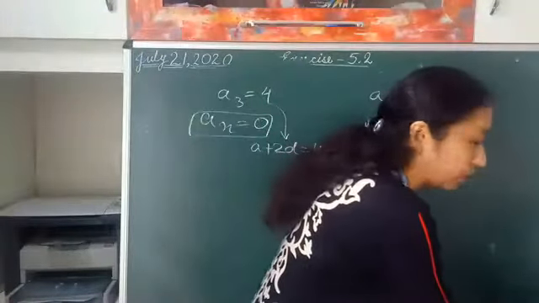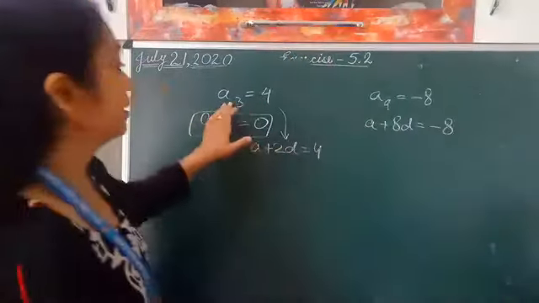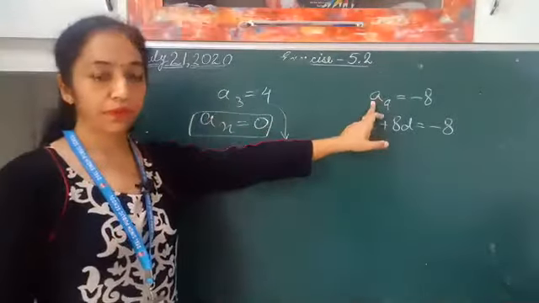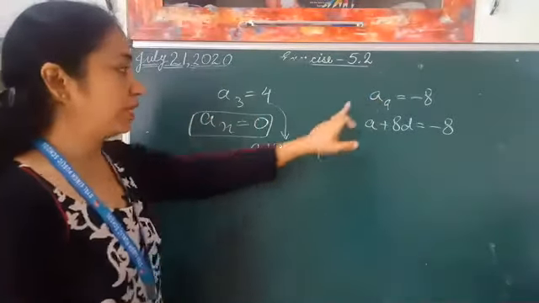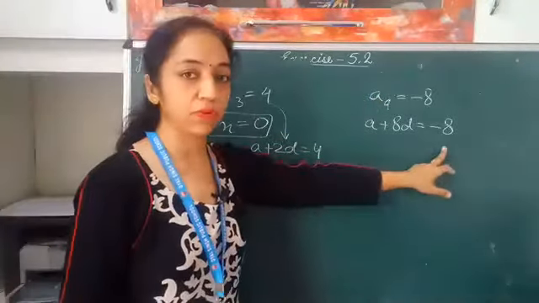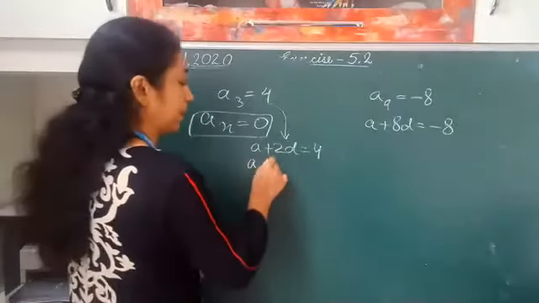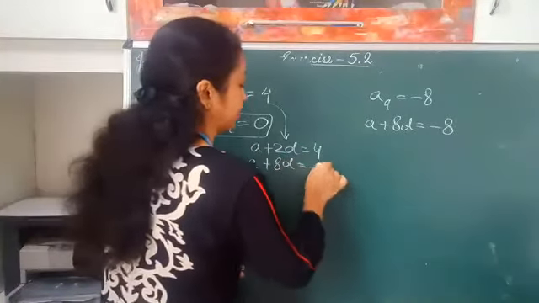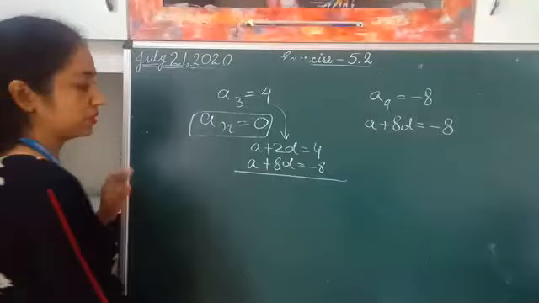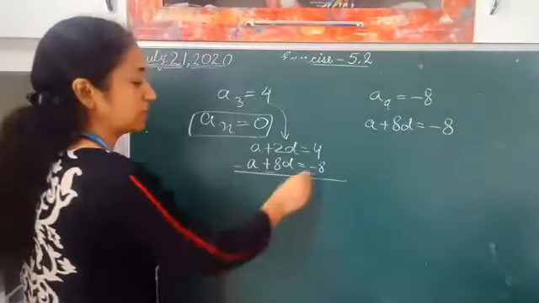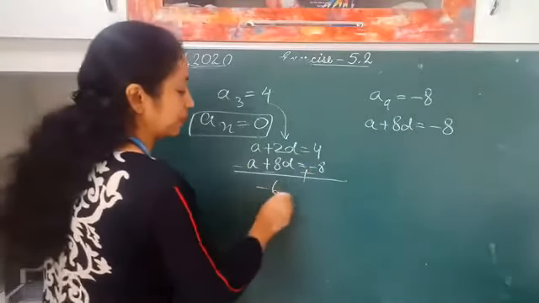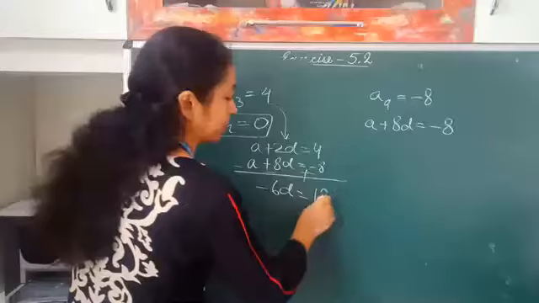अब a और d की value find out करने के लिए we must have two equations, and from where we are getting the two equations? From these two, right. a3 is a plus 2d, a9 is a plus 8d is equal to -8. Subtract the two equations, you will get sign change and you will get -6d is equal to 8 plus 4, 12.